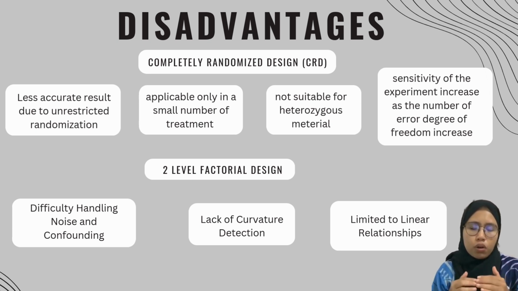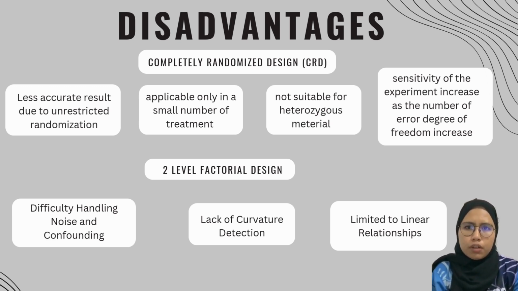Since only two levels are tested, it has low curvature detection. Lastly, the two-level factorial design is limited to linear relationships because the design only captures the interaction between two points. So if the relationship between two factors is not linear, it may result in an incomplete conclusion.